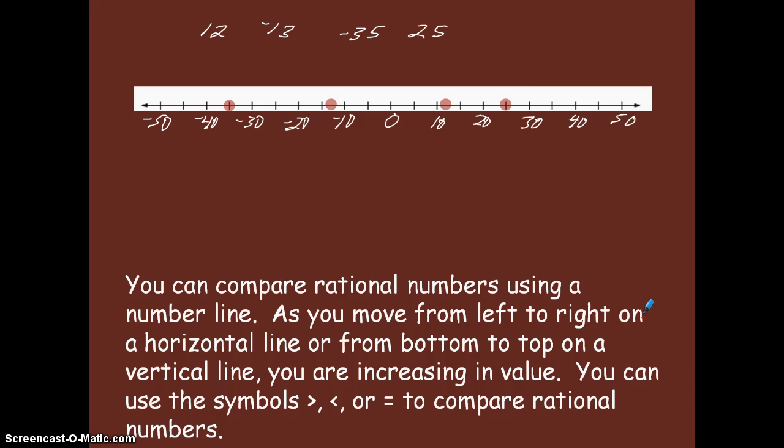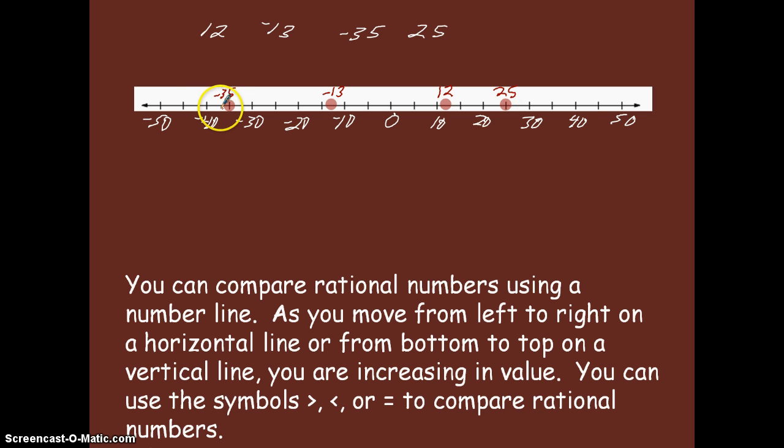So if we were to then go ahead and plot these out, and I'll do that right now, we said that at this point here we had negative 35. At this point here we had negative 13. At this point here we had 12, and at this point here we had 25.